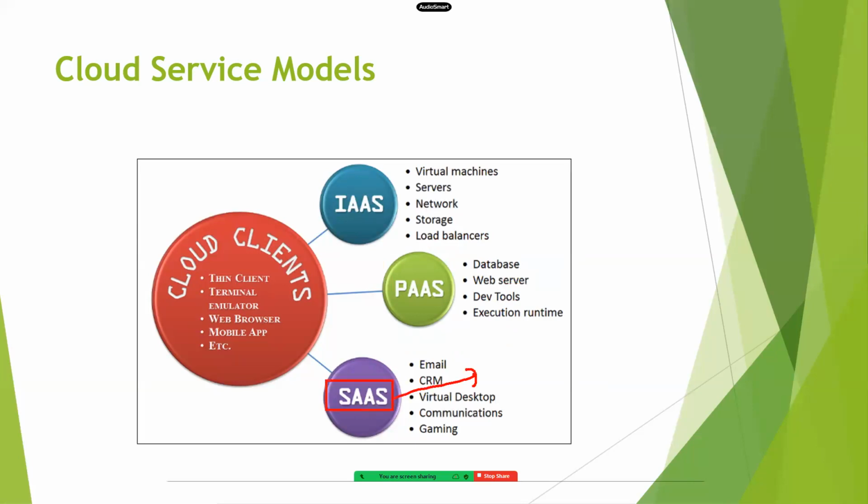In real time, whatever activities we are performing for personal use or in the office, we are already using software as a service. Could you please tell me the best example for software as a service, guys? Office 365. Exactly. Wonderful. Office 365.